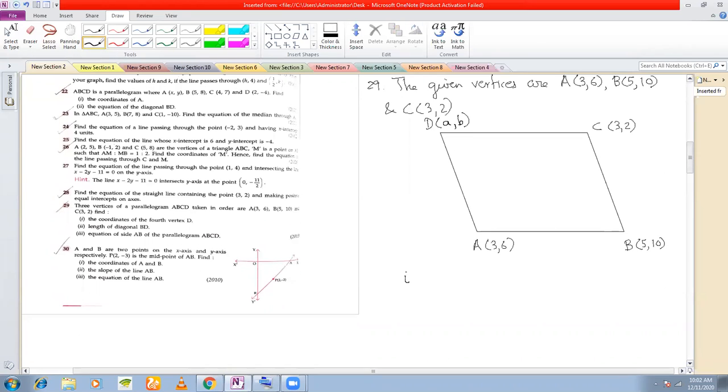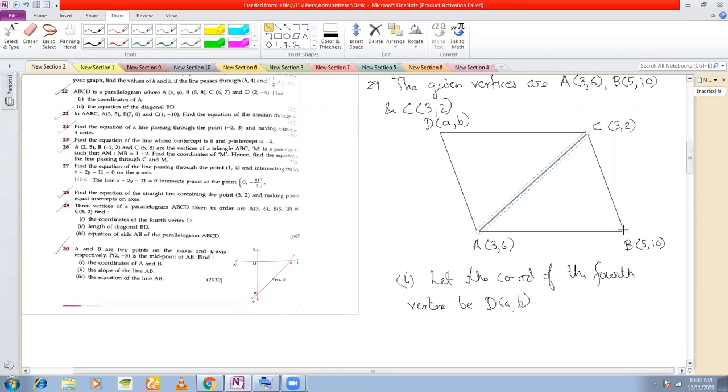So I say let the coordinates of the fourth vertex be A, B. Now you join the diagonals BD and AC. Call the intersection point P. So P is the midpoint of AC.